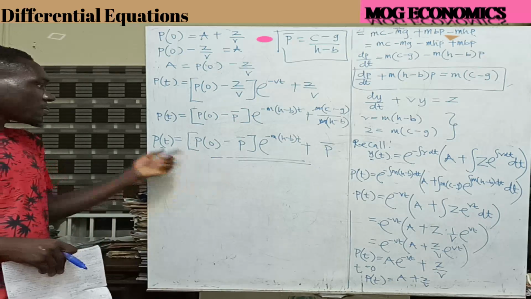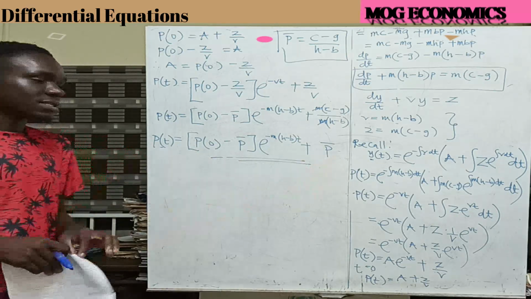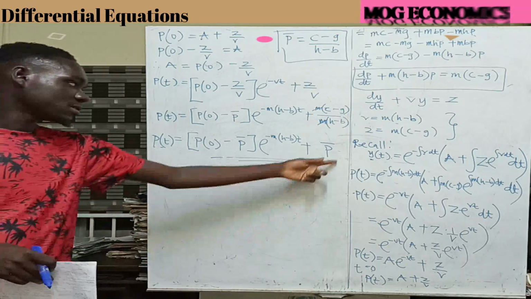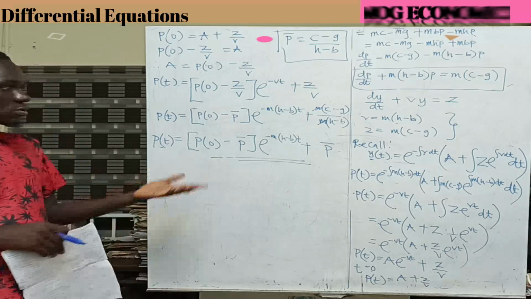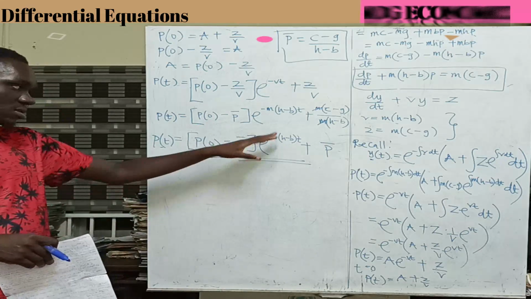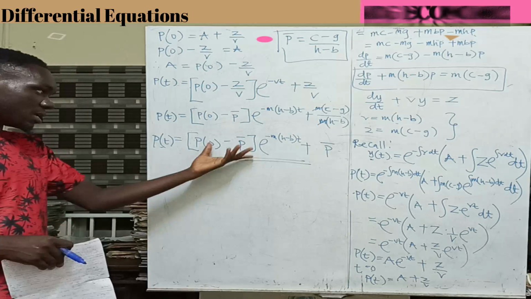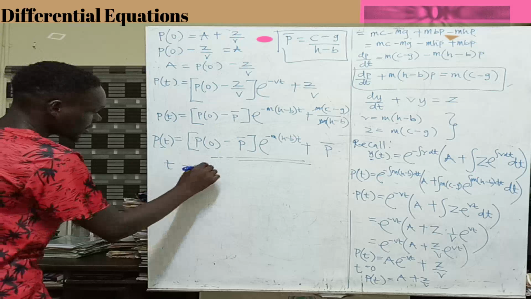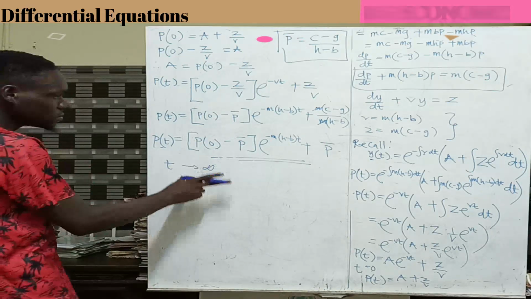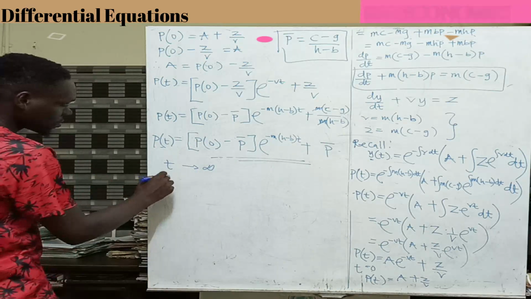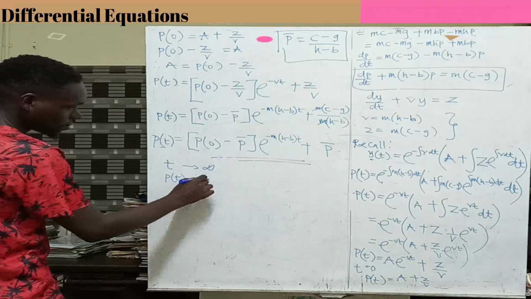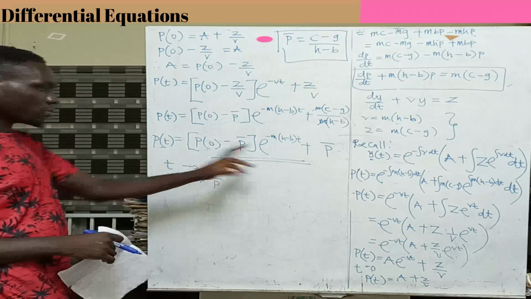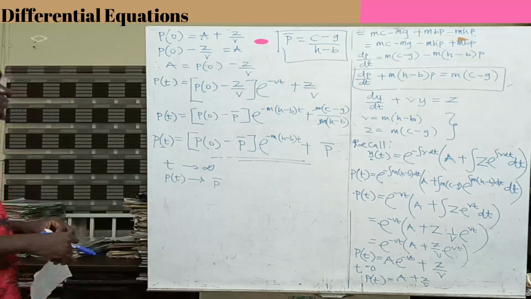So here, this is the particular integral. This is our intertemporal equilibrium. And at this, we approach this. So as t tends to infinity, this overall expression here tends to 0. And then this drops out. And then this approaches this. That is, as this tends to infinity, the price approaches the equilibrium price. All right.